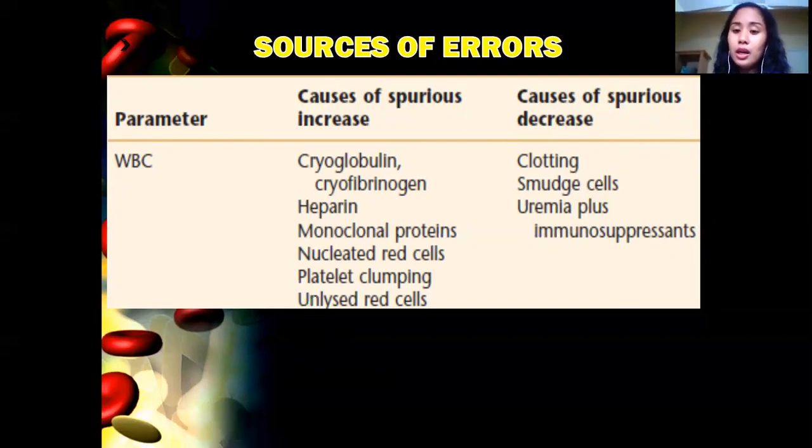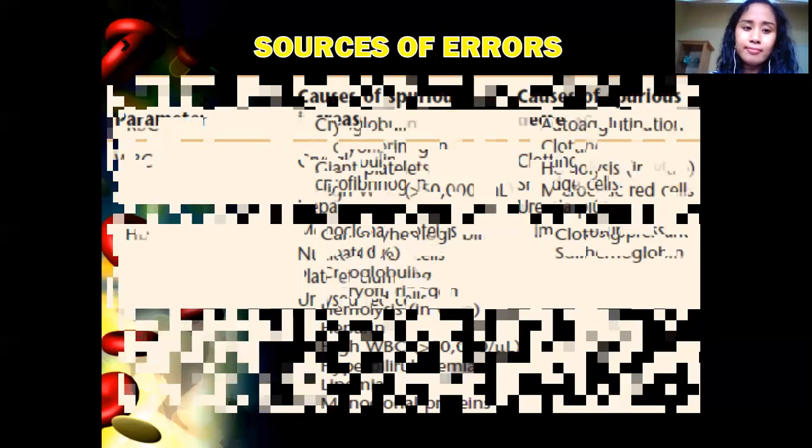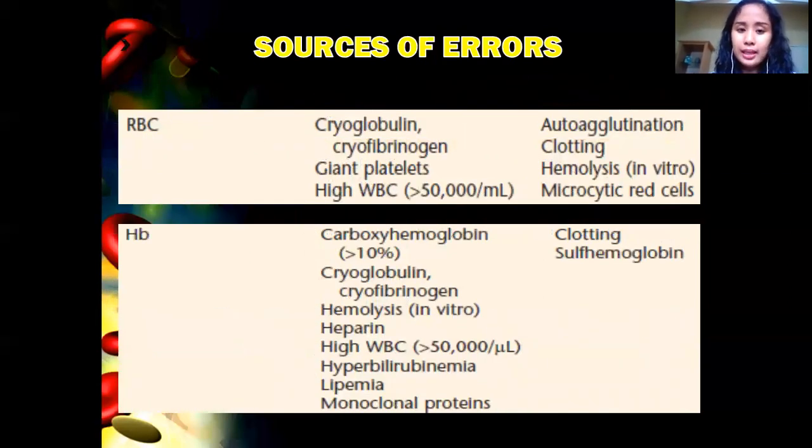When you're having immunosuppressants, it usually attacks your lymphocytes. RBCs, class, giant platelets. Okay, I stand corrected. Pag giant platelets, class, it pertains more to red blood cell. High WBC count can affect the amount of your red blood cell.